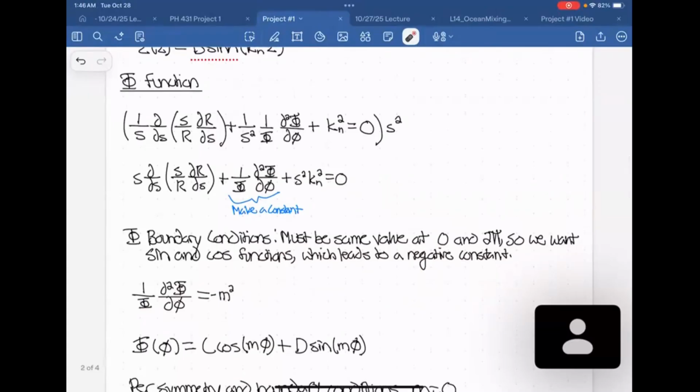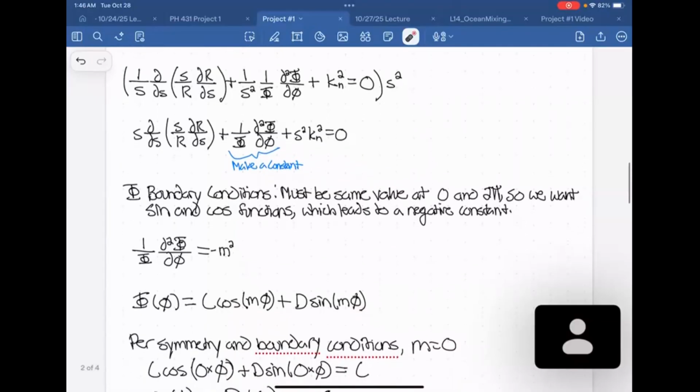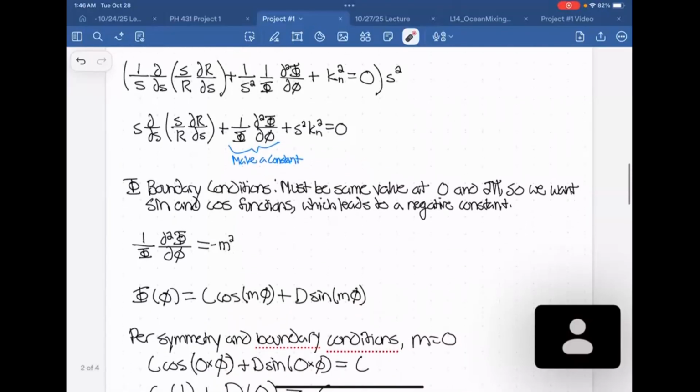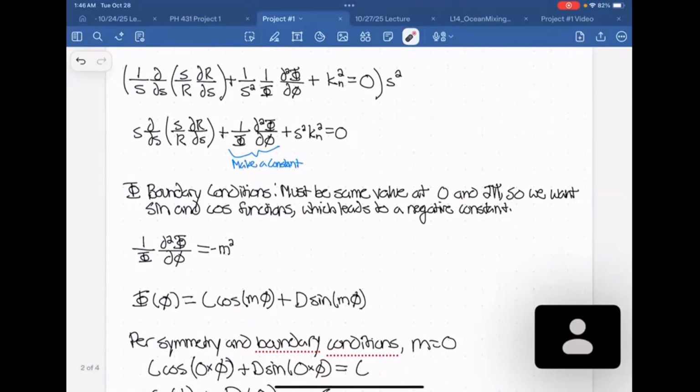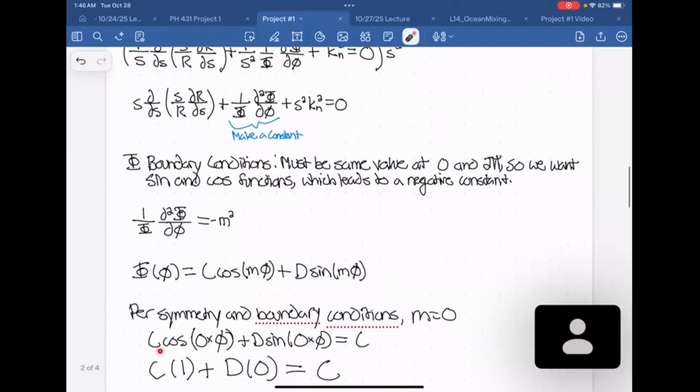Then we're going to look at our cosines and sines. So we have our phi, and we have c cosine m phi plus d sine m phi. Because of symmetry and our boundary conditions, m has to equal 0. So if we plug 0 in here, we get c cosine of 0 plus d sine of 0.